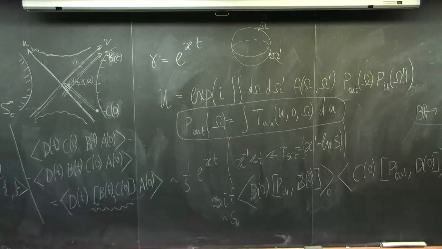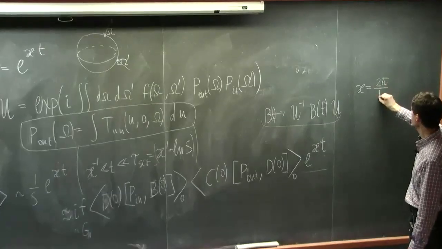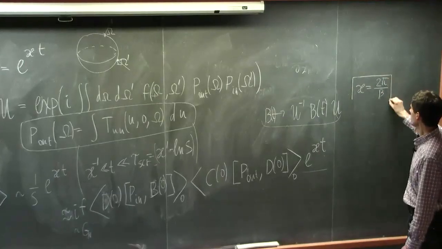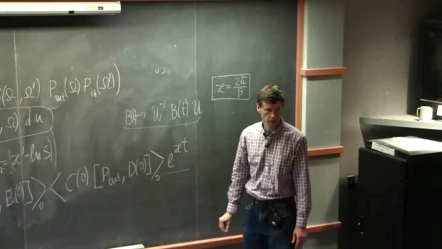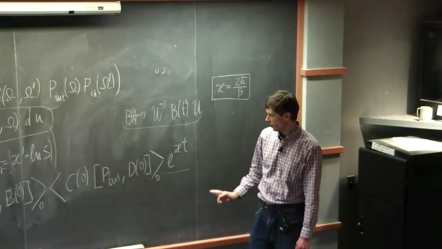Now, I want to emphasize some important properties of this answer. One property is that the growth exponent is exactly kappa, the surface gravity. And we know that kappa is 2 pi over beta. Beta is the inverse temperature. So there is an exact relation between the growth exponent and the temperature.